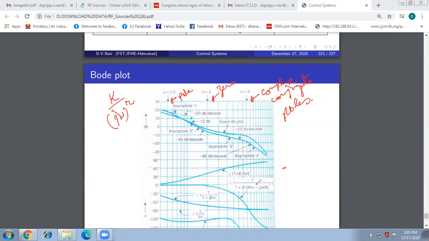So here you can see the omegas are labeled, different values of omega.